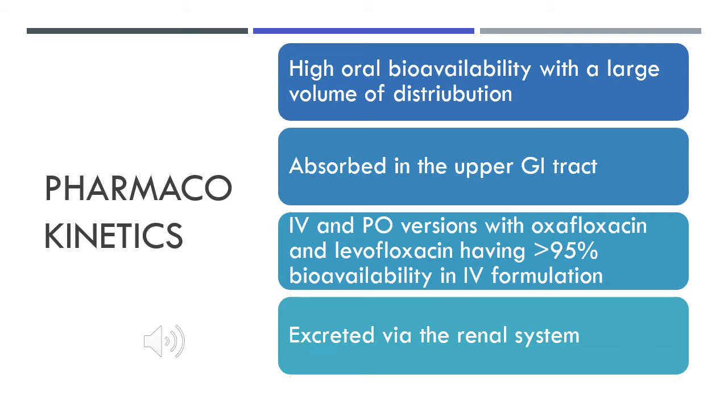Delafloxacin is somewhere around 60%. Ciprofloxacin is about 70%. Moxifloxacin is somewhere in the mid-80 range. So your best IV formulation is going to be Levo and Moxi. In terms of how it is excreted, predominantly through the renal system.